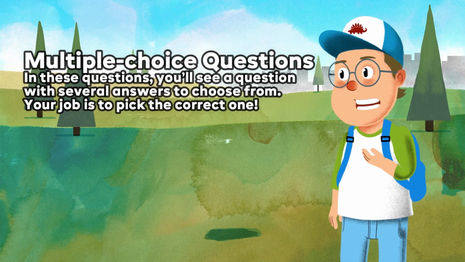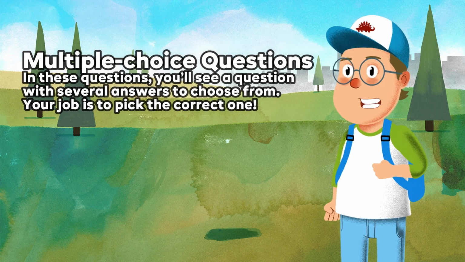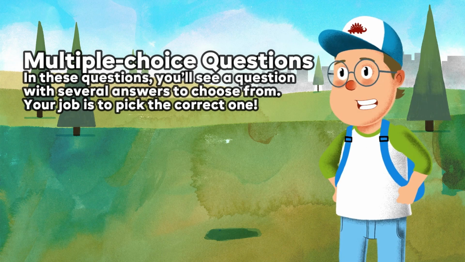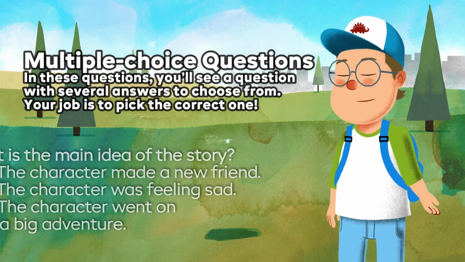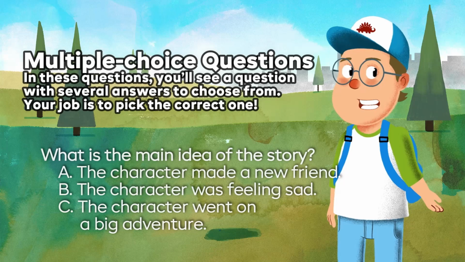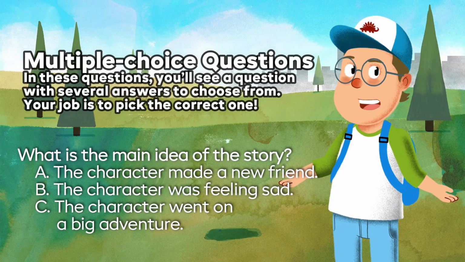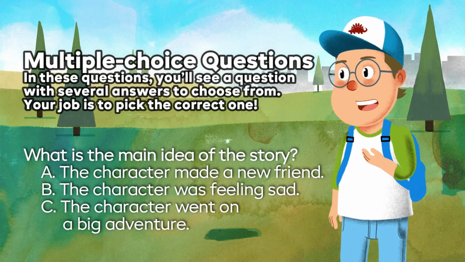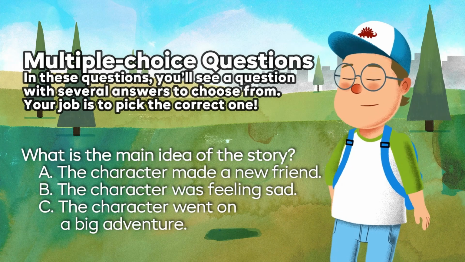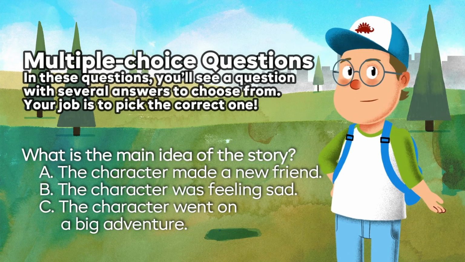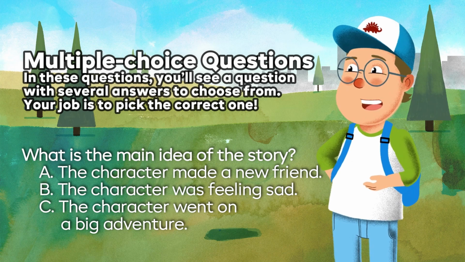Let's say you read a short story and then you get this question. What is the main idea of the story? A. The character made a new friend. B. The character was feeling sad. Or C. The character went on a big adventure.